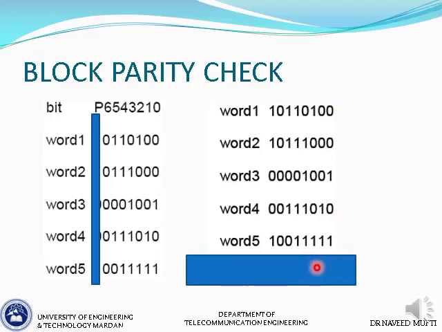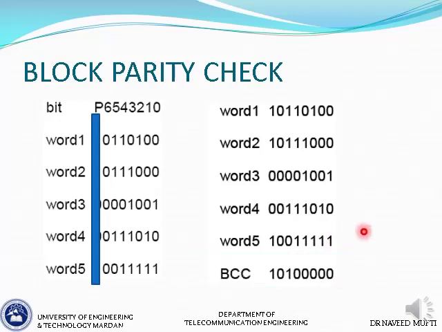Similarly, for every column here I will need to add the value of parity bits. So based on even parity, when we do that, this is what I get. And as I mentioned in the previous slide about the block parity check scheme, this extra whole row of parity bits is added, and that is what is called BCC. This row is called BCC.